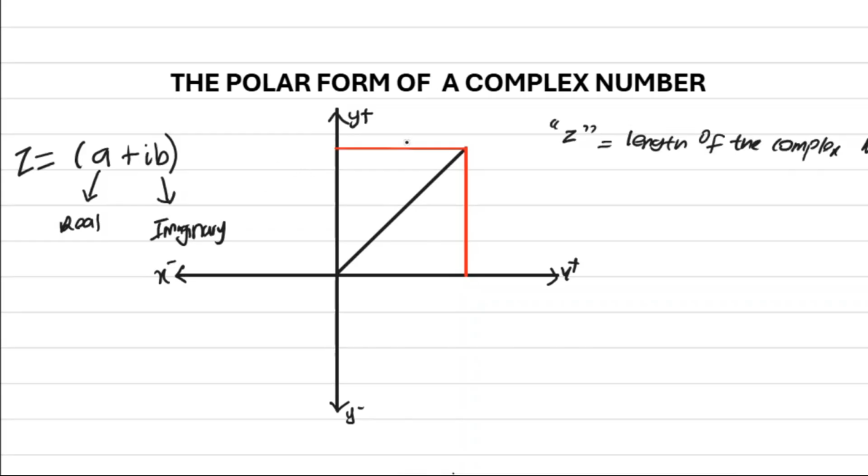Now, since we have taken that into consideration, I told you that the real part corresponds with the what? X-axis, while the imaginary part corresponds with the what? Y-axis. So it means that point A here, let's assume that A and B are positive values, which means they are falling in the first quadrant.